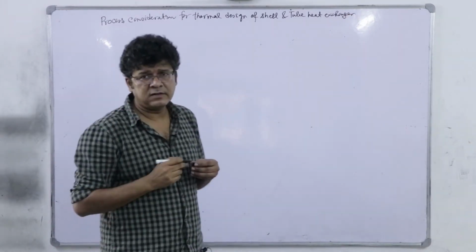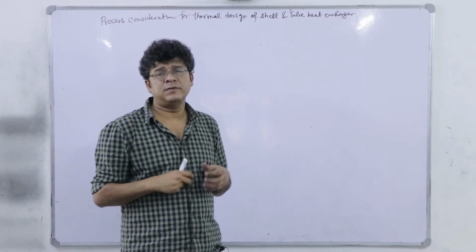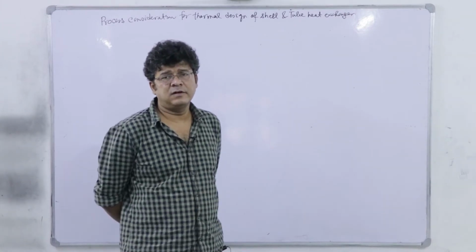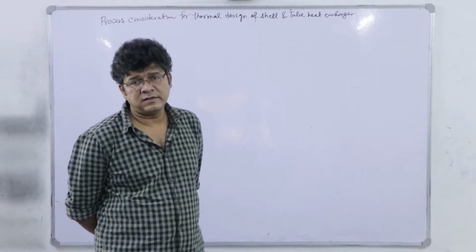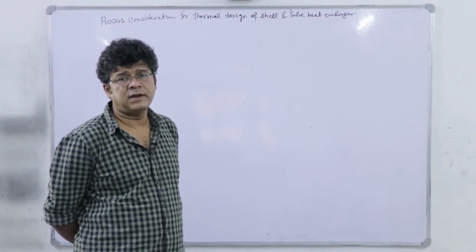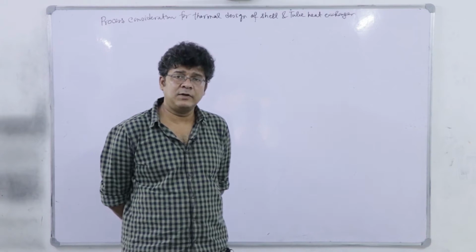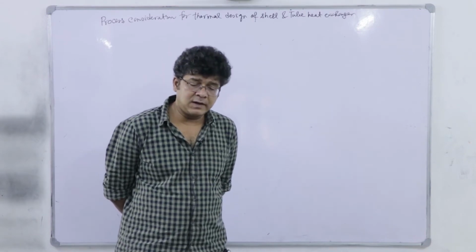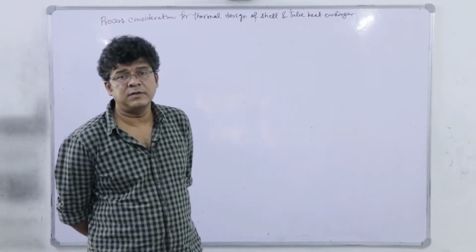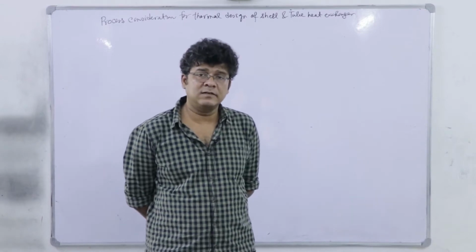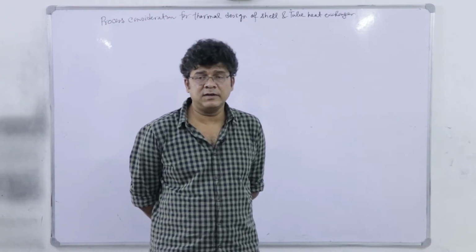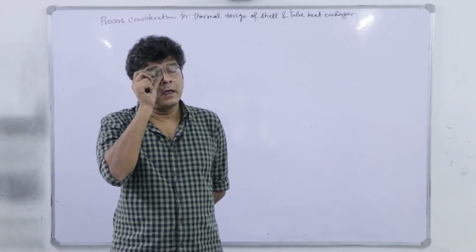First, the unique parameter which comes in this picture, and it is unique to shell and tube heat exchanger only, it is not at all valid for double pipe, and specifically it originates from the multiple passes, is the log mean temperature difference correction factor.